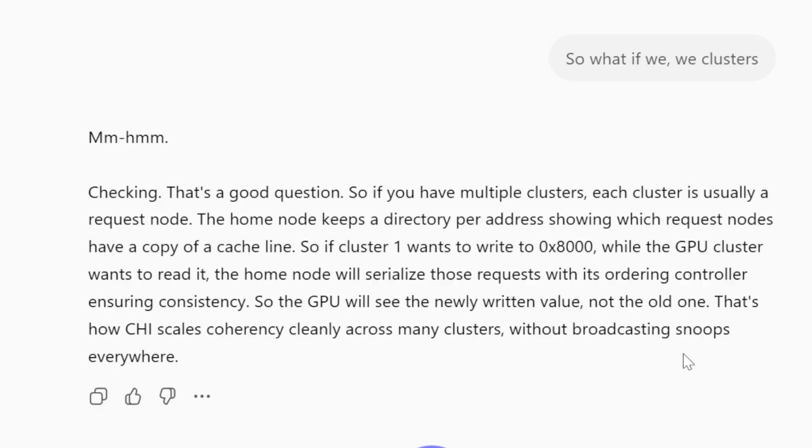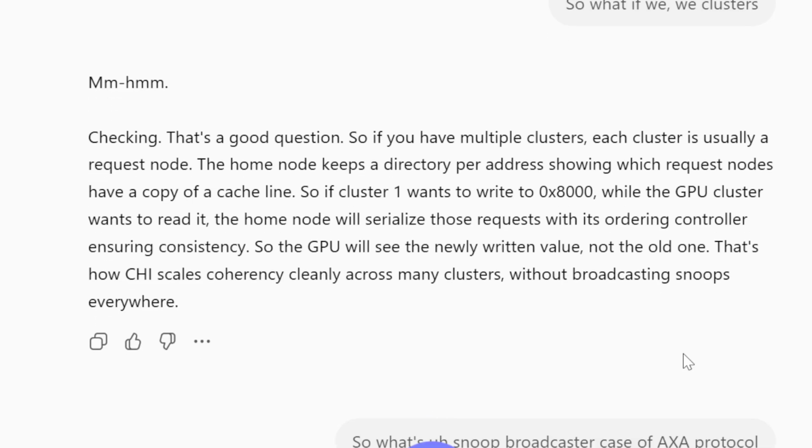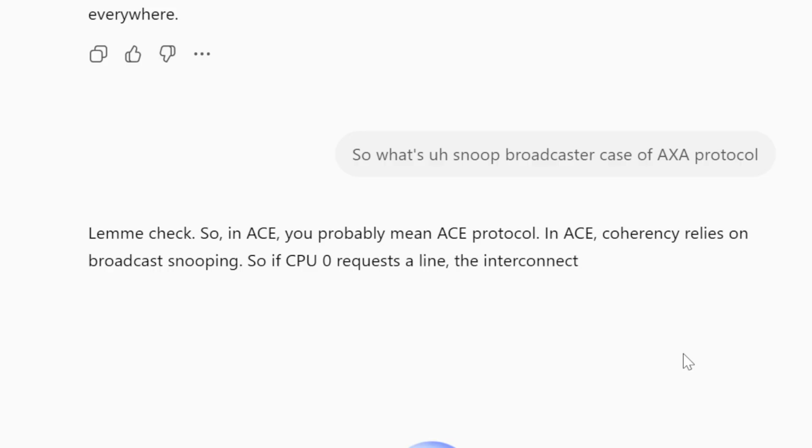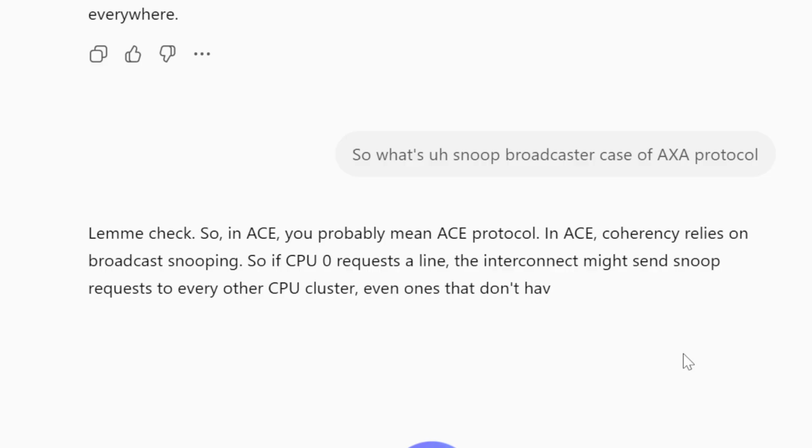So was snoop broadcasted as in the ACE protocol? So in ACE, you probably mean ACE protocol. In ACE, coherency relies on broadcast snooping. So if CPU 0 requests a line, the interconnect might send snoop requests to every other CPU cluster, even ones that don't have the line.